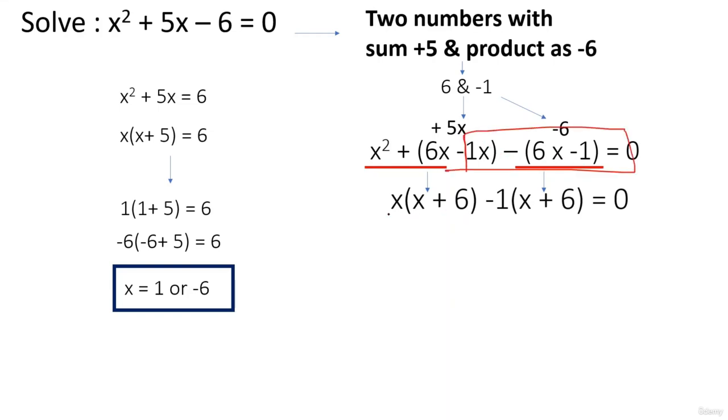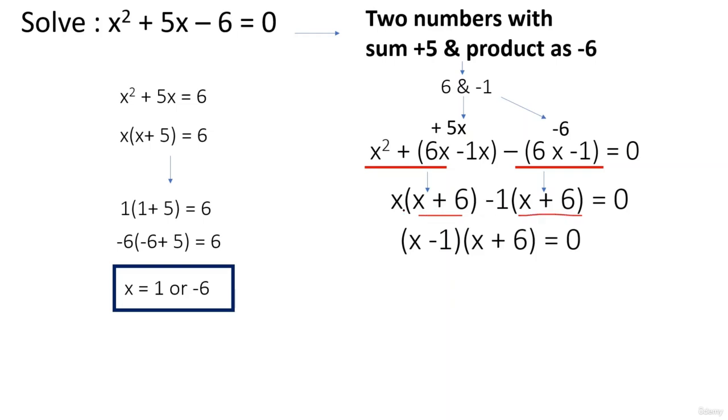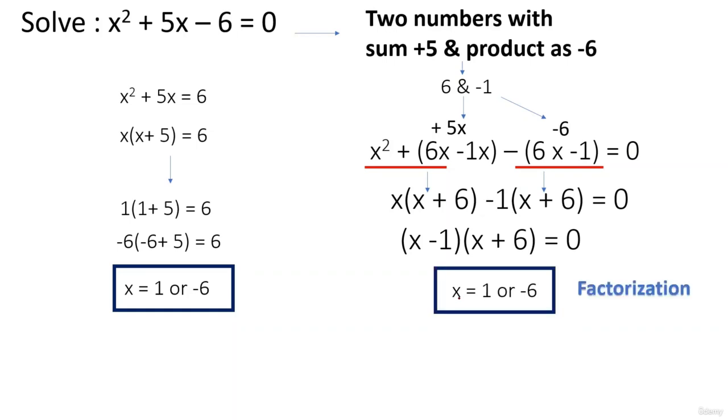You'll be left with x(x + 6) − 1(x + 6) = 0. Going on further, you can take (x + 6) outside. What remains inside is x and −1. So (x − 1)(x + 6) = 0. That means either this is equal to 0 or this is equal to 0, meaning x can be 1 or −6. This process is called factorization, finding the roots by the process of factorization.